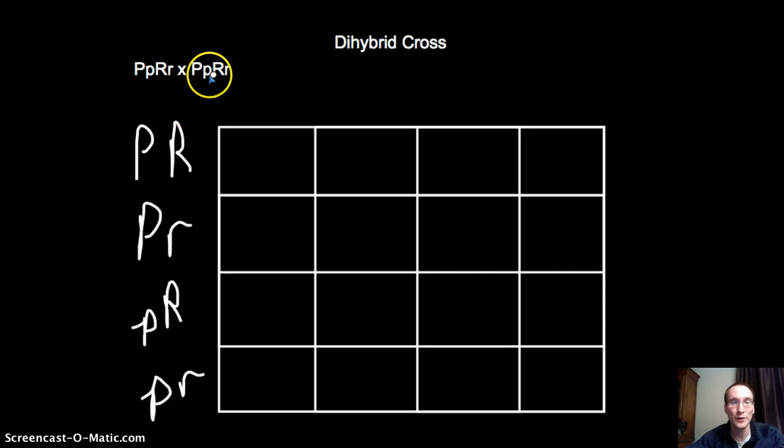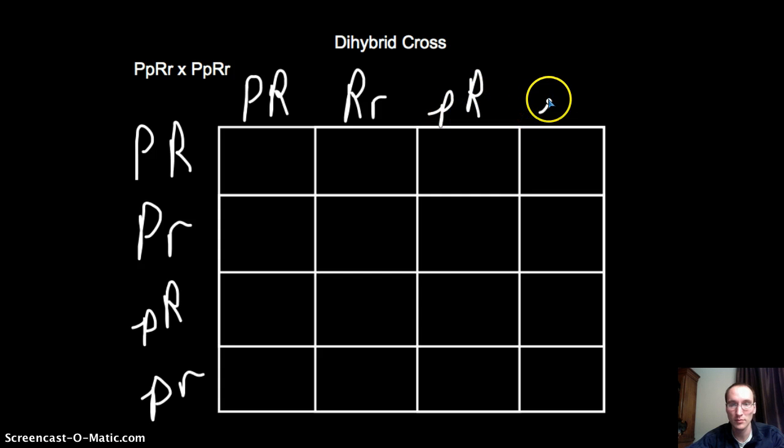Okay, now if you look, the other one is set up the exact same, so they can produce the exact same gametes. So I'm going to go ahead and write those in. Whoops, that should be a P. Okay, so these are my 4 different combination types.